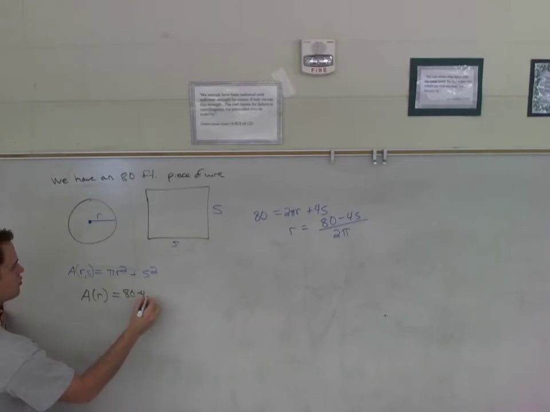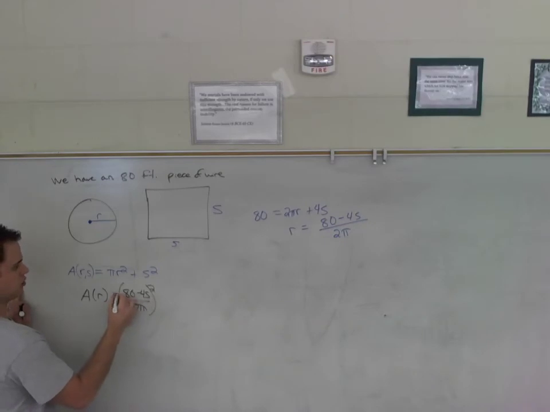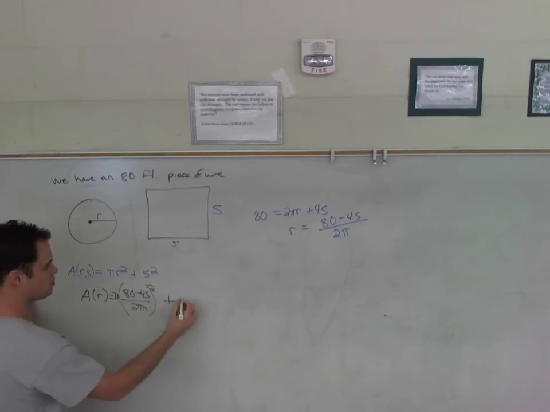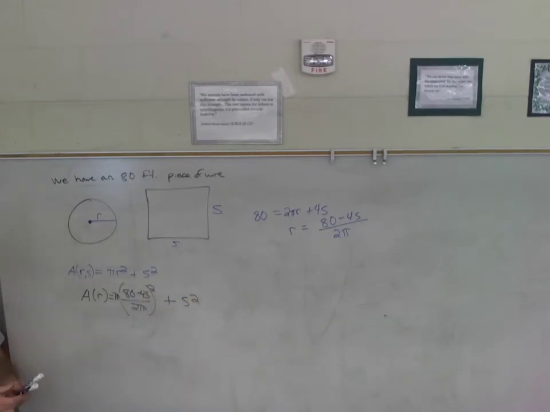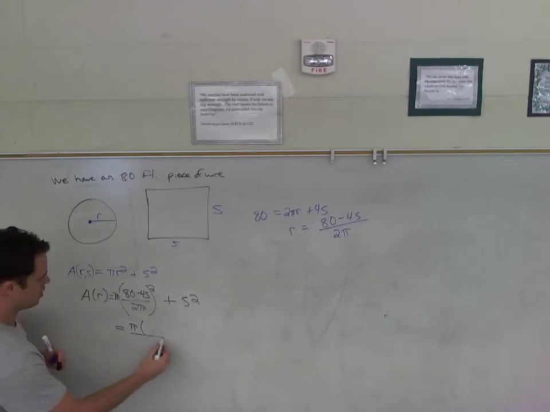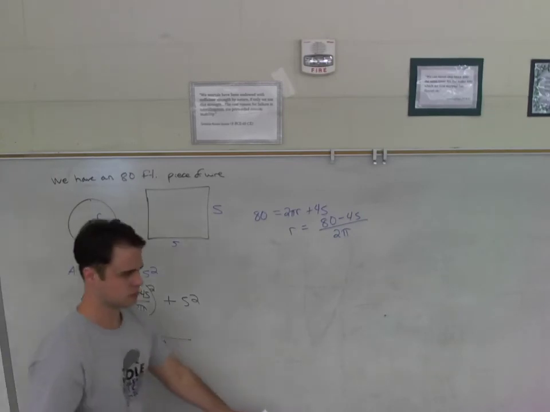We've got 80 minus 4s over 2 pi, squared, times pi. Pi r squared plus s squared. And then we better try to simplify that, right? So what is this? There's going to be 1 pi left, isn't there? So we're going to have like pi over 4 pi squared. What's going to be inside? You guys help me?